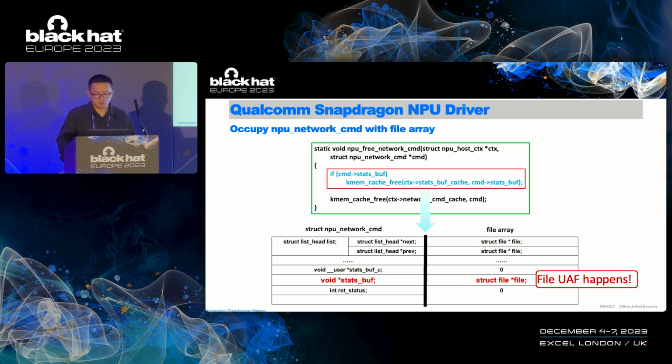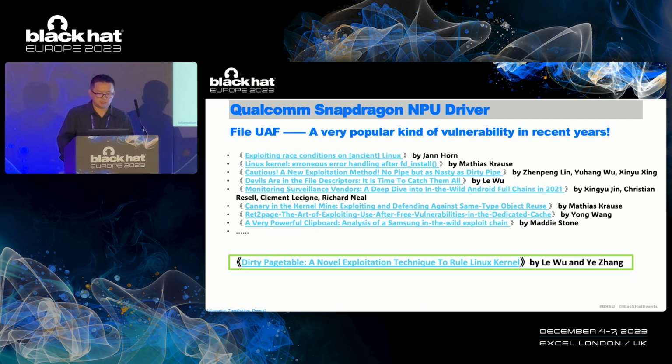As you can see here, if we set the statebar field of an MPU network command object to a file object pointer, we will get a file UAF issue here. Yes, that's correct. File UAF is a very popular kind of vulnerability in recent years, and so many researchers have disclosed and exploited such vulnerabilities.